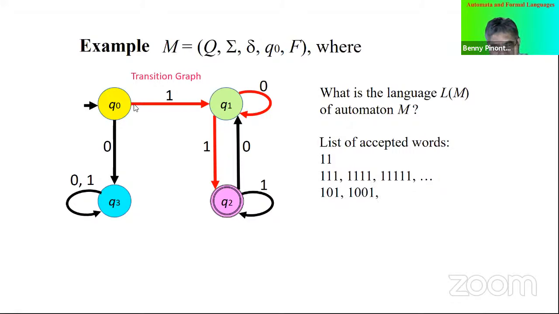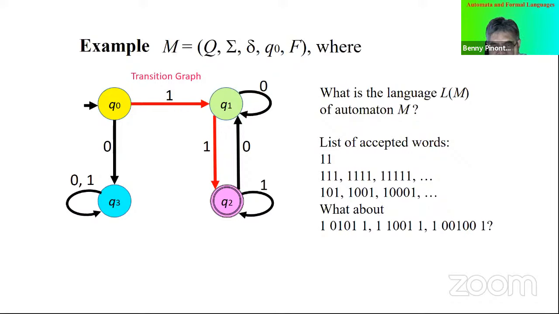And if you make 2 loops of this 0, then 1, 0, 0, 1 is also accepted. And so on, you can make any number of loops you want, and it is also accepted. So 1, then as many 0s, and then 1 is an accepted word.